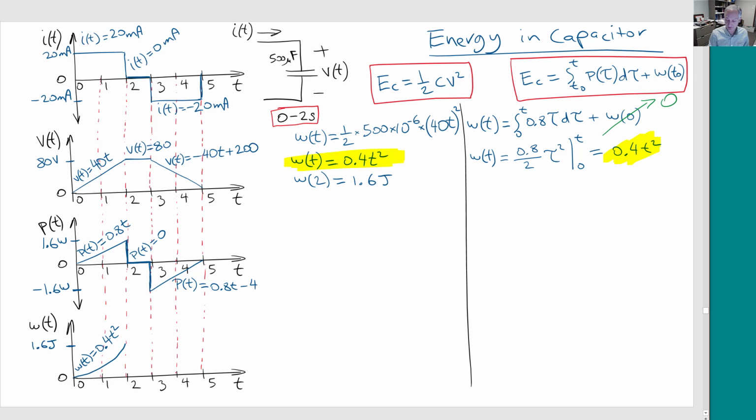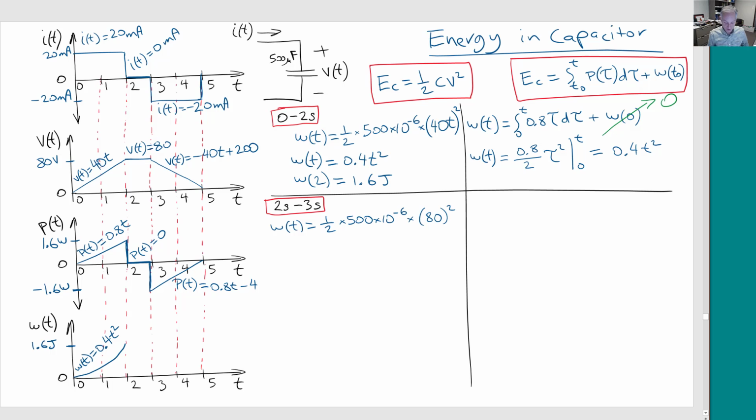Personally, I like the first way, the 1/2 CV squared, because taking integrals, you can make more mistakes using that method. So let's do the next interval. So we're doing 2 to 3 seconds. Then we have 1/2 CV squared, so that 80, that's coming from here.